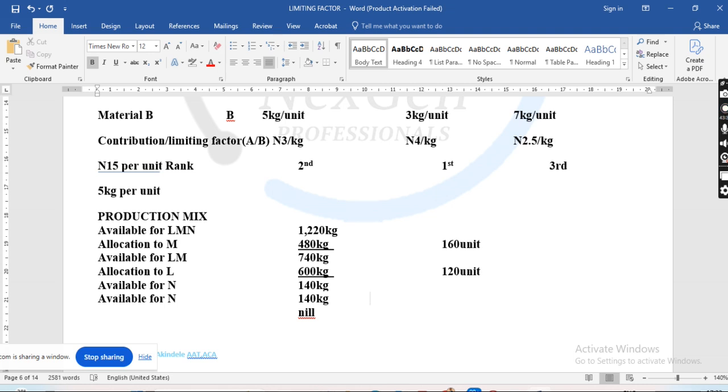This is how we calculated it last time, in case you were not here. You say 140 kg divided by what, class?